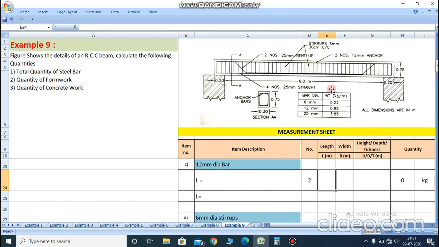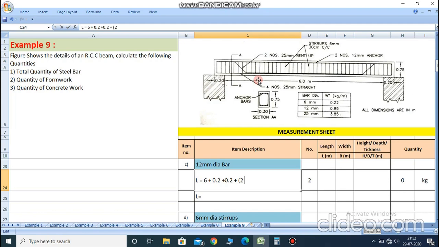Length we calculate. So first finding out the anchor bar length. Total length L is equal to 6, means span 6 meter, plus 20 centimeter rest is given. So plus 20 centimeter converted to meter, 0.2 plus 0.2. Clear? Then after, anchor bar on both sides 180 degree hook is provided. So plus 2 times.